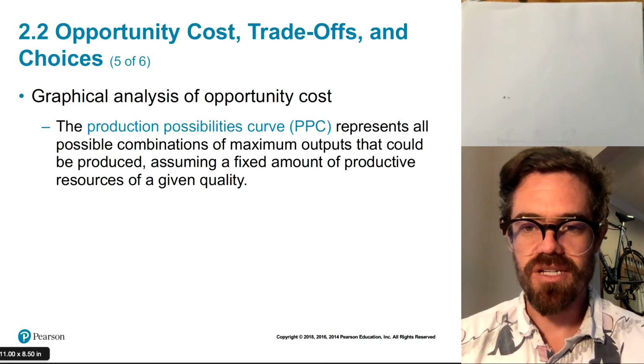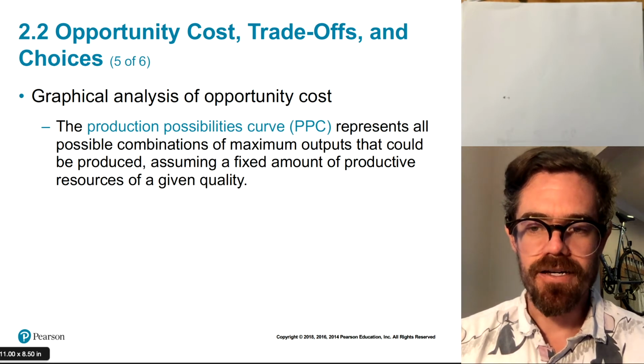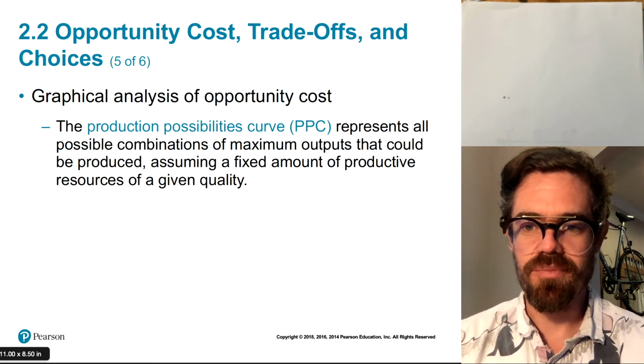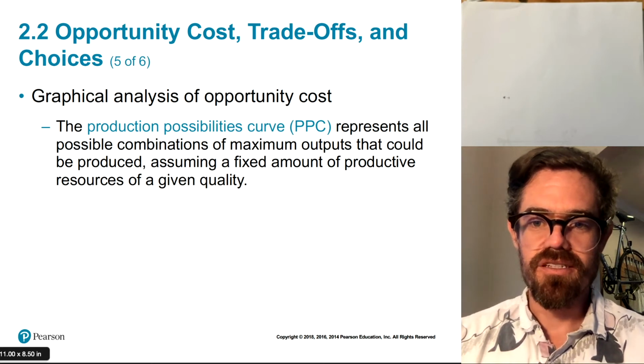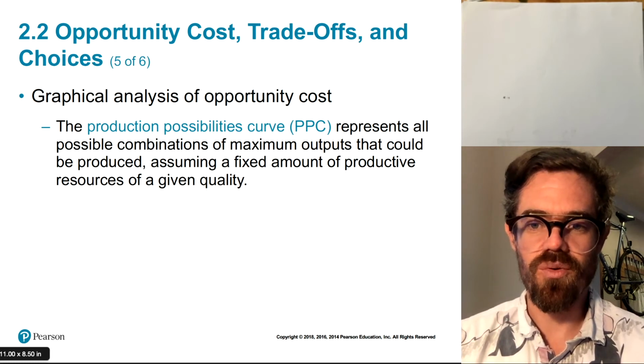It's also sometimes referred to as the production possibilities frontier, so you might see it abbreviated either as PPC or PPF. This model is basically a representation of all the different possible combinations of maximum production or maximum output that could be achieved, assuming a fixed amount of productive resources of a given quality.